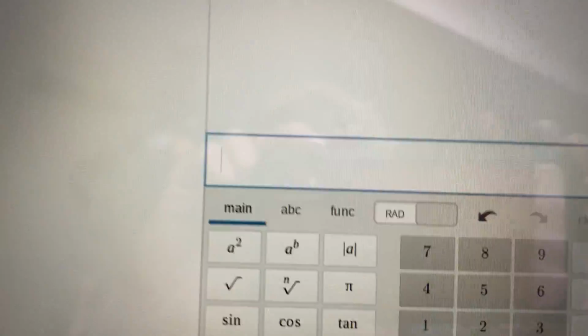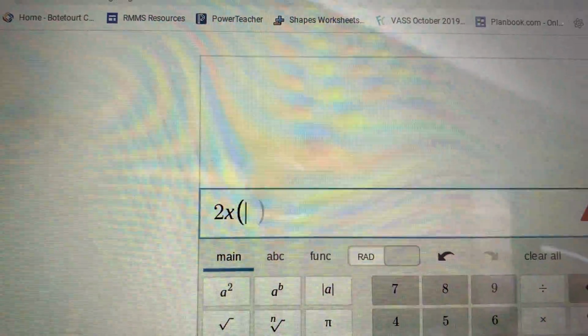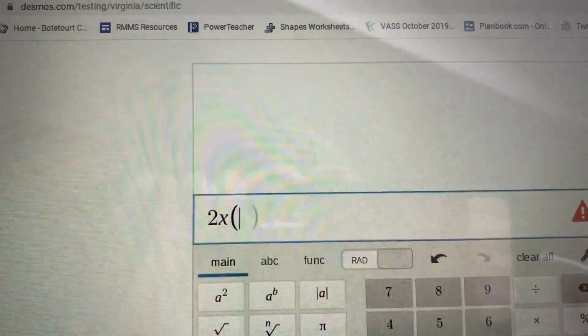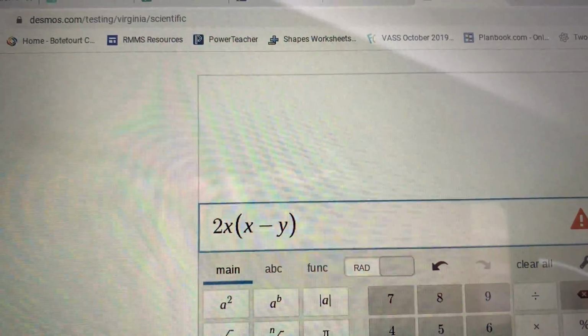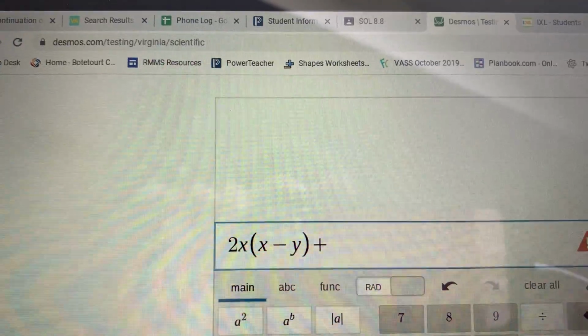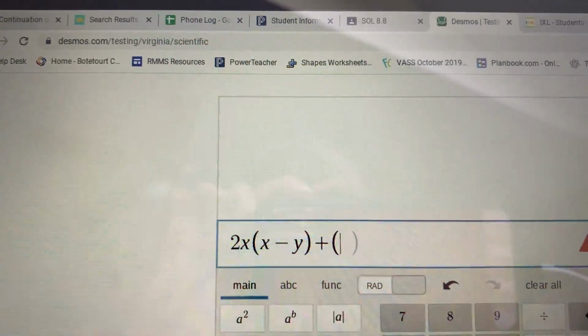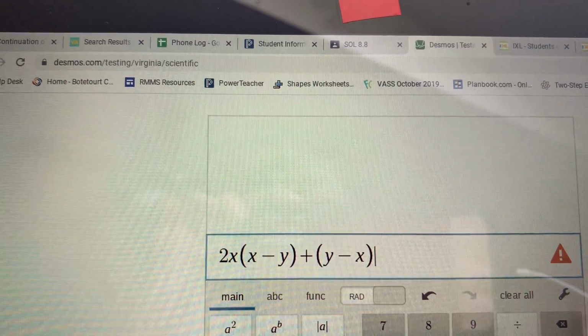All right. So let's go ahead and clear all this out. For number 2, let's type that one in. So we've got 2x, and then we need our parentheses, x minus y, close your parentheses, plus, parentheses again, y minus x, close your parentheses.